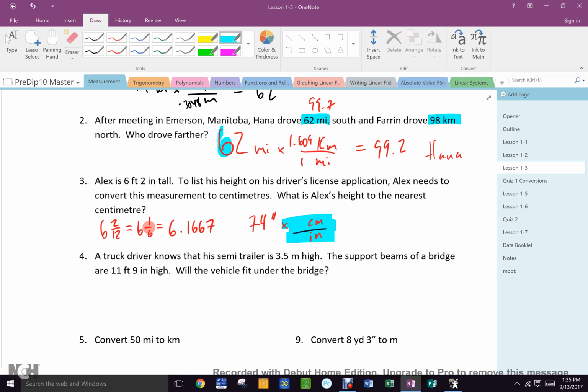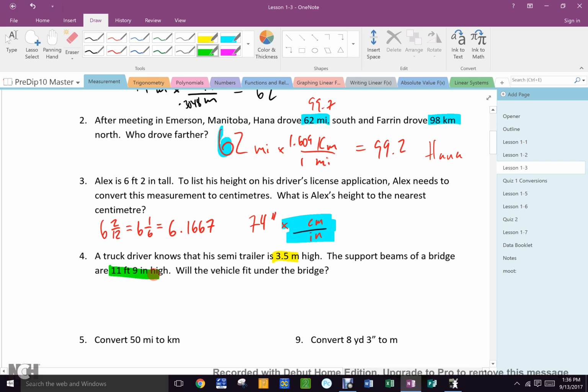Number 4. What are you going to do with number 4? How many conversions do you need to make? Let me see. Truck driver license. 1. Does it matter which one you do? No. Could you go meters to feet? Yeah. Could you go feet to meters? Yeah. If you were going feet to meters, how would you personally do that question?